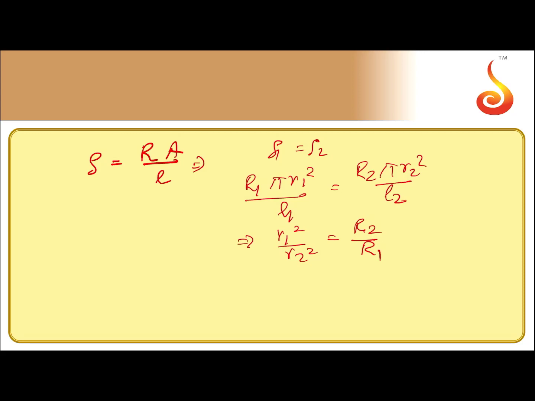Now let X be the balancing length. Now if X is the balancing length, then we can write R1 divided by R2 is equal to X divided by 100 minus X. This is 25 by 75.